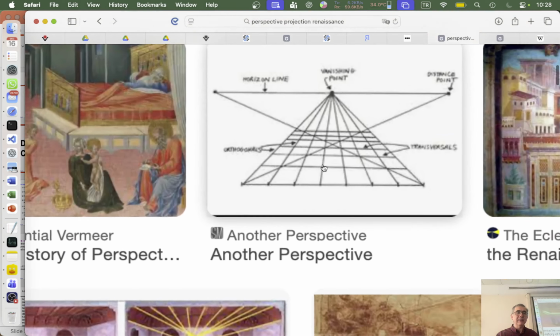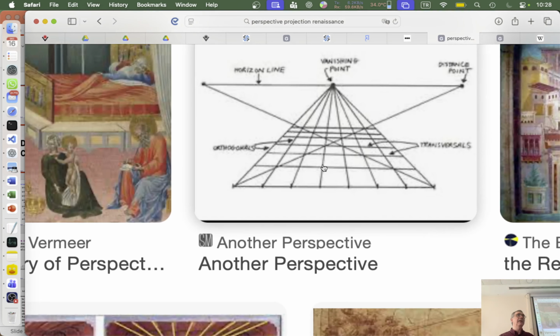By the Renaissance, Leonardo da Vinci, Donatello, and Brunelleschi, three people well known for it, thought that there will be a vanishing point, the horizon, and along the horizon all the parallel lines will vanish and come together.